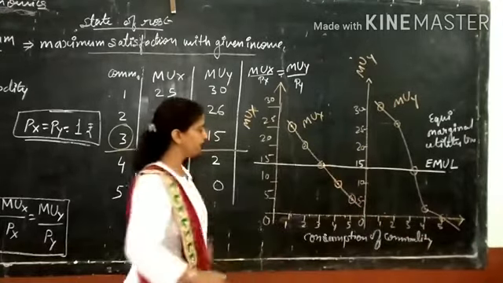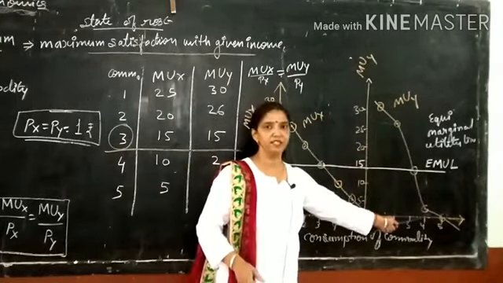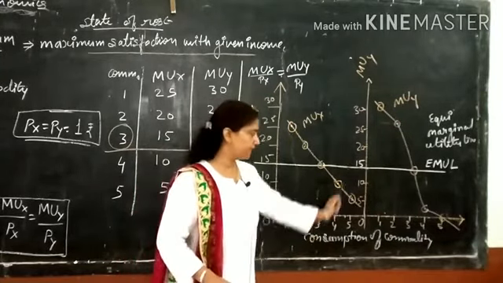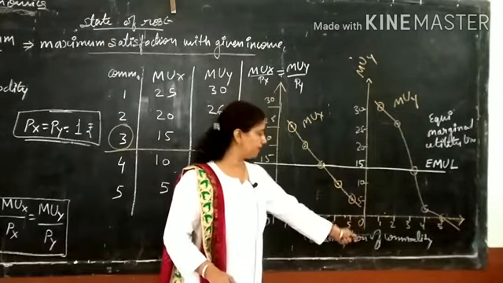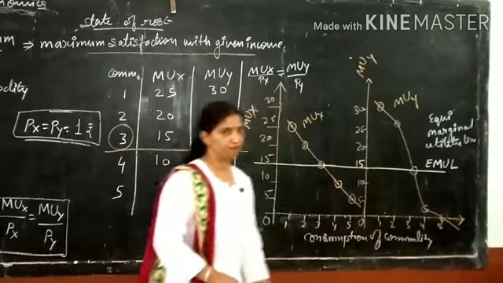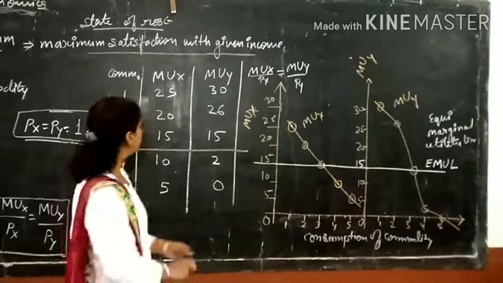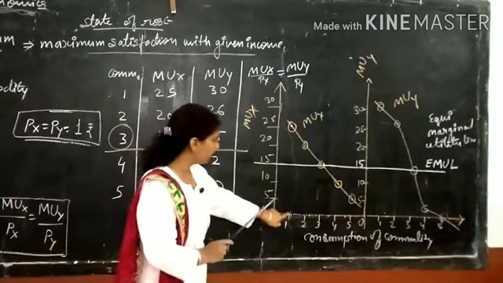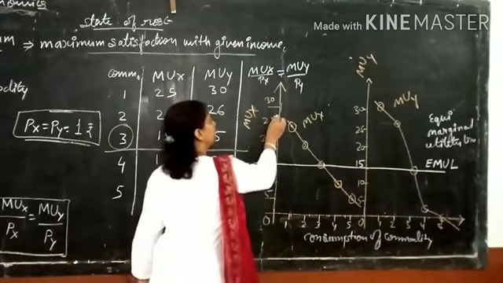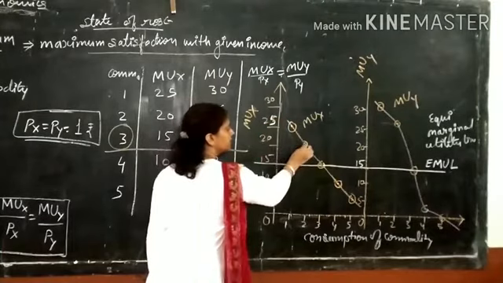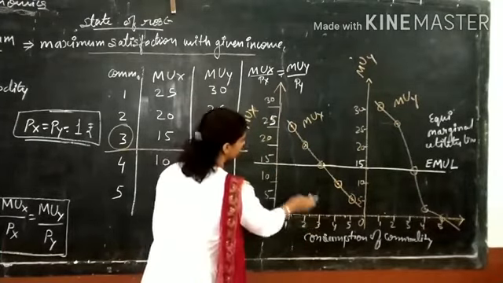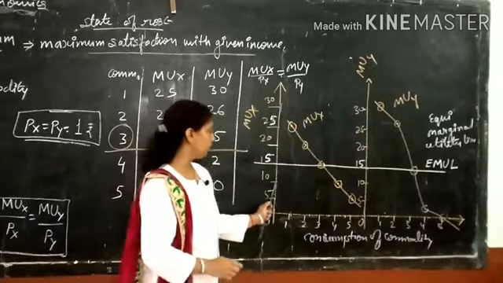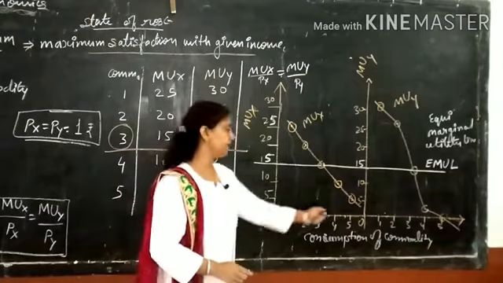On the first graph it is commodity X, and in the second graph it is commodity Y. Units are 1, 2, 3, 4 and 5. For commodity X, the first unit of consumption gives 25 utils, the second gives 20 utils, the third gives 15 utils, the fourth gives 10 and the fifth gives 5.